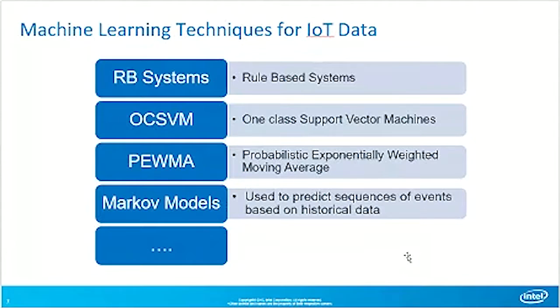Rule-based systems have been in existence forever, and humans use heuristics and come up with these rules pretty easily. Now, the second one that people commonly use for IoT data is what is called the one-class support vector machines, or OCSVM. What these one-class support vector machines do is try to detect anomalies in lots of normal data where there are not many cases of anomalies.